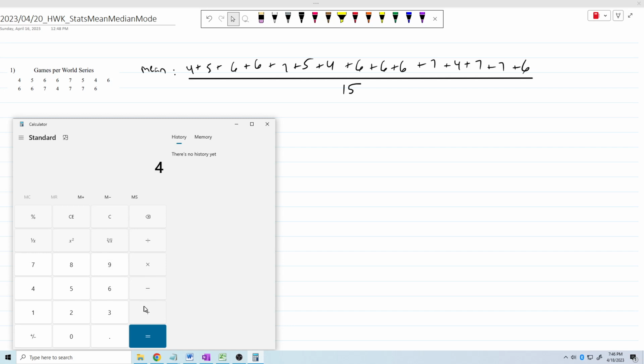So 4 plus 5 plus 6 plus 6 plus 7 plus 5 plus 4 plus 6 plus 6 plus 6 plus 7 plus 4 plus another 7 plus another 7 plus 6.